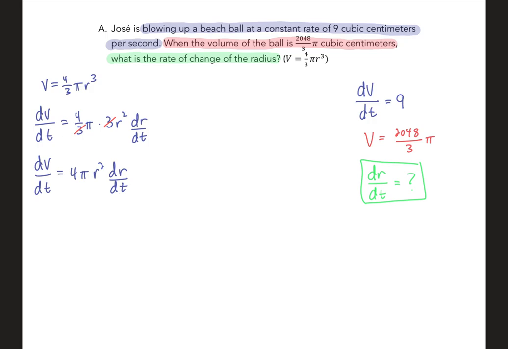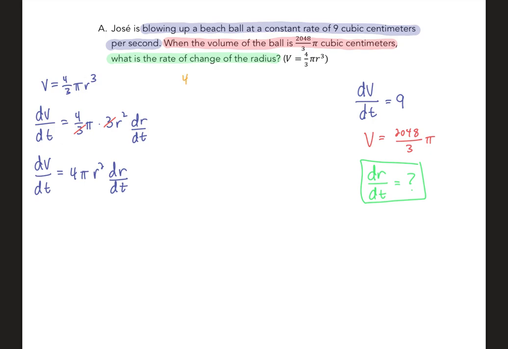Notice that they gave you what the volume was at a certain moment, and we want to know what the radius is at that moment. But that's fine. We can just set this volume equal to the formula and then solve for r.